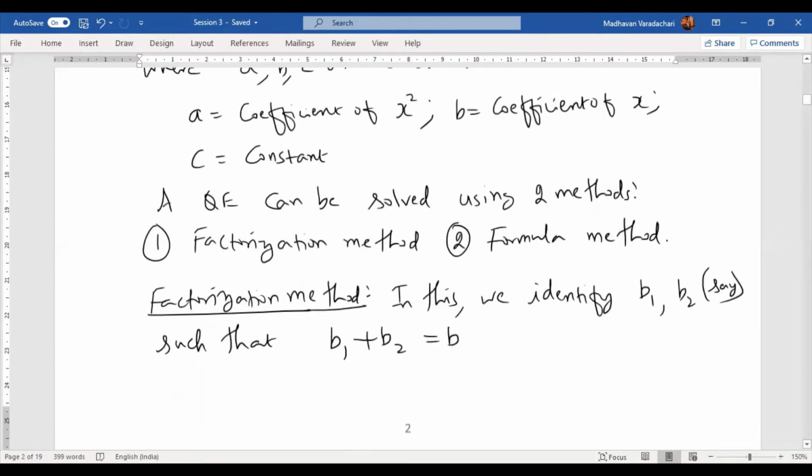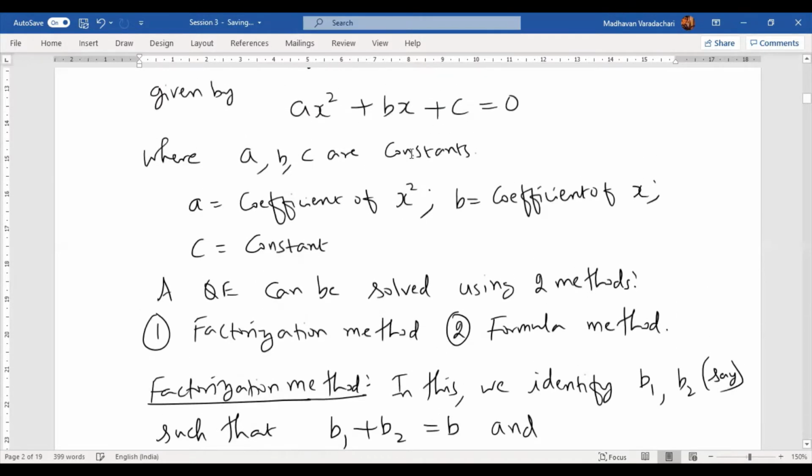But at the same time, such that b1 plus b2 equal to b, and it should also satisfy, if I multiply b1 into b2, I should get a into c. Means whatever I am splitting this b into two numbers, if I multiply those two numbers, that should be the product of this a and c.